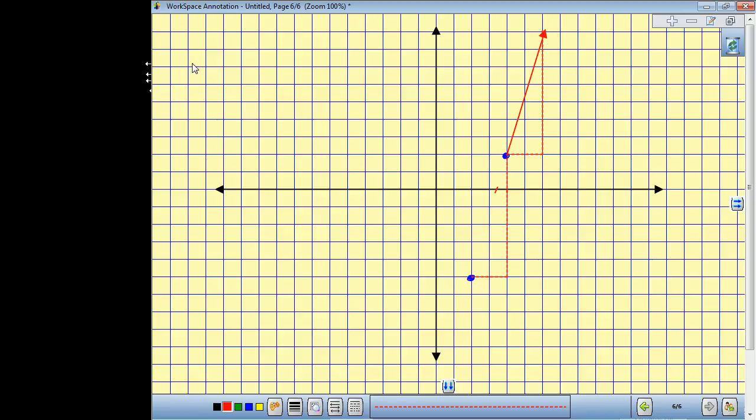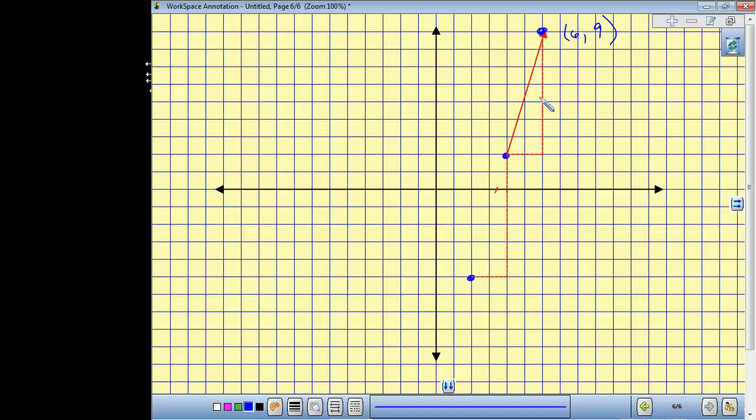And does that take me to the same point? Let's count. 1, 2, 3, 4, 5, 6. And then 1, 2, 3, 4, 5, 6, 7, 8, 9. (6, 9). Am I there? Yeah, I am. So see, that is the vector, and we use that vector notation. We're going to use that again when we partition a segment.